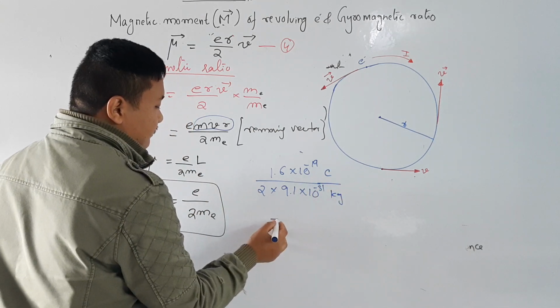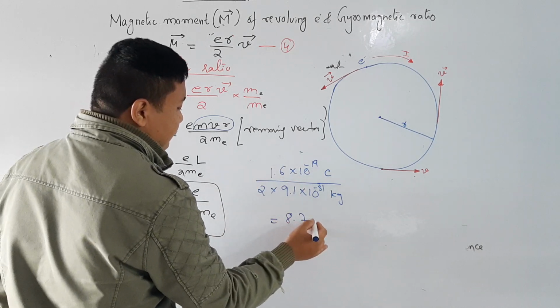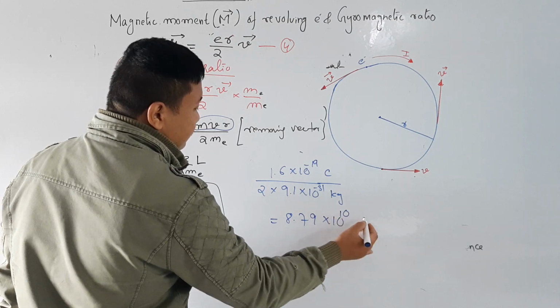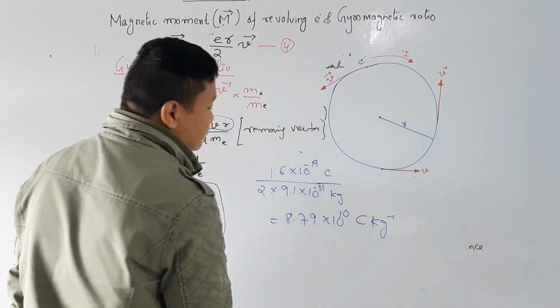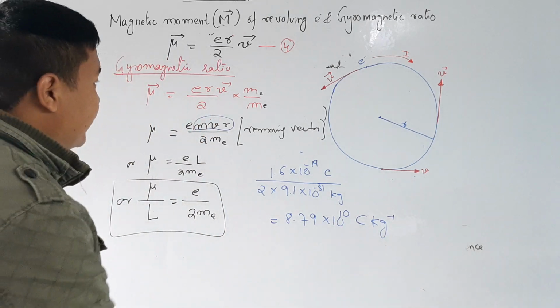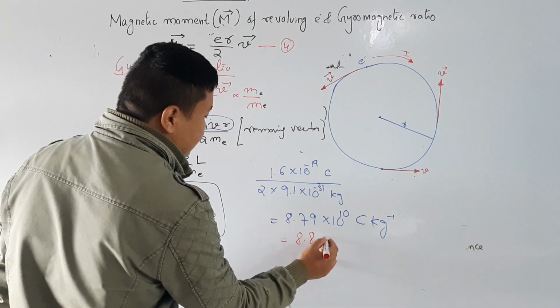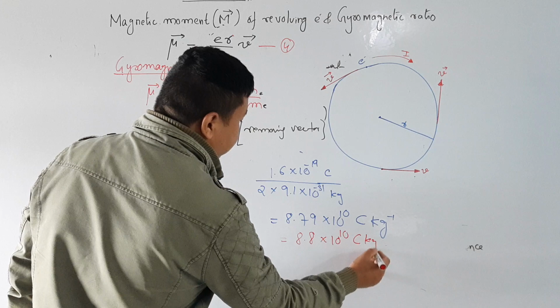If you solve it, you get 8.79 into 10 to the power 10, in coulomb per kg, and approximately this value is 8.8 into 10 to the power 10 coulomb per kg.